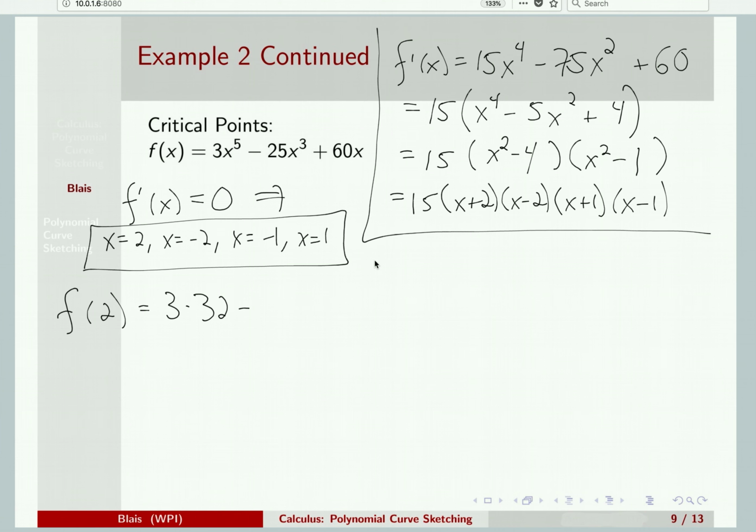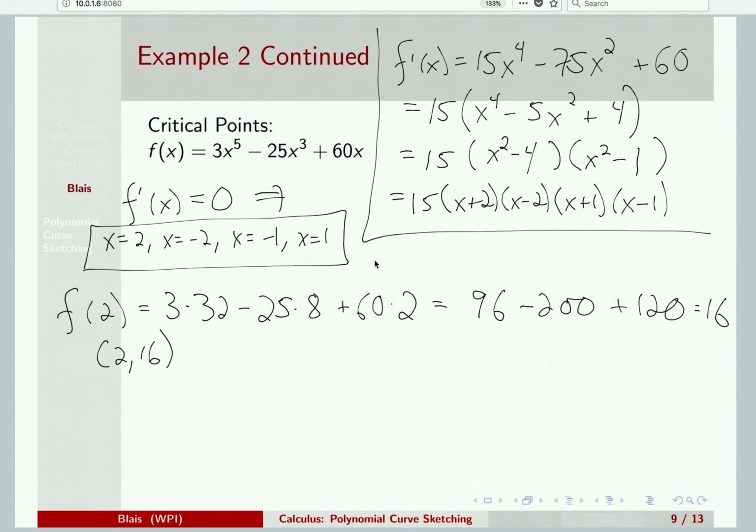Minus 25 times 2 cubed, which is 8, plus 60 times 2. So this is 96 minus 200 plus 120. 120 minus 200 is negative 80. 96 minus 80 is 16. And so that gives us the point (2, 16).